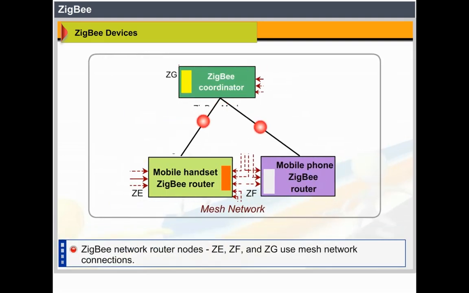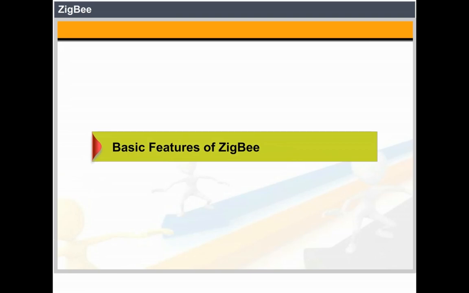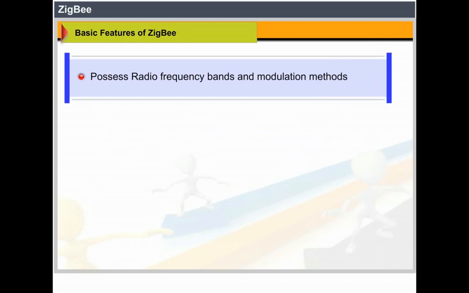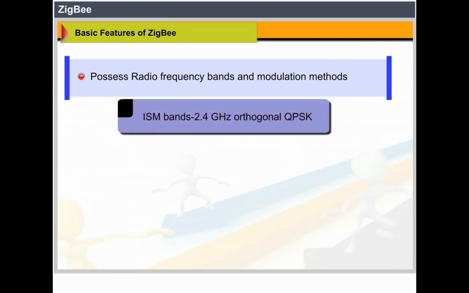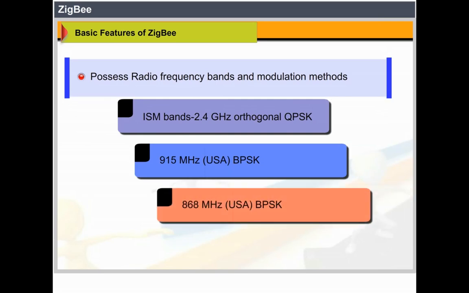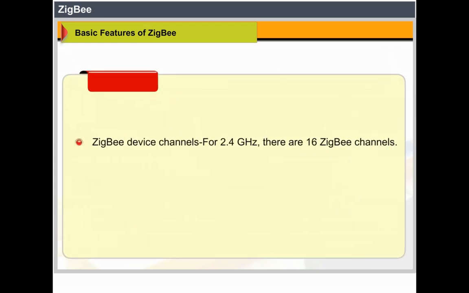ZigBee network router nodes ZE, ZF and ZG use mesh network connections. Basic features of ZigBee: radio frequency bands and modulation methods. ISM bands: 2.4 GHz orthogonal QPSK, 915 MHz USA BPSK and 868 MHz BPSK. ZigBee device channels. For 2.4 GHz, there are 16 ZigBee channels.